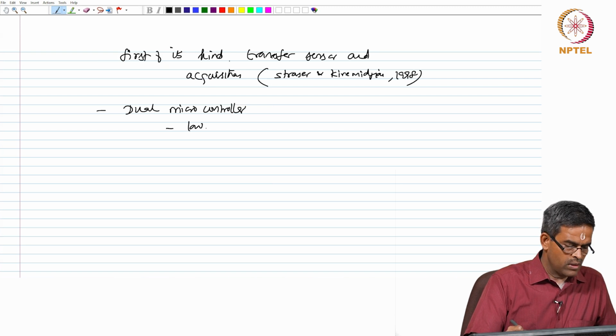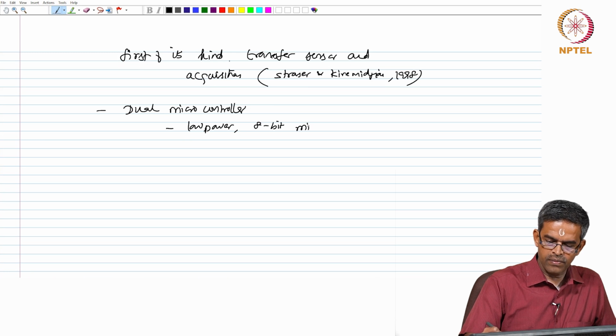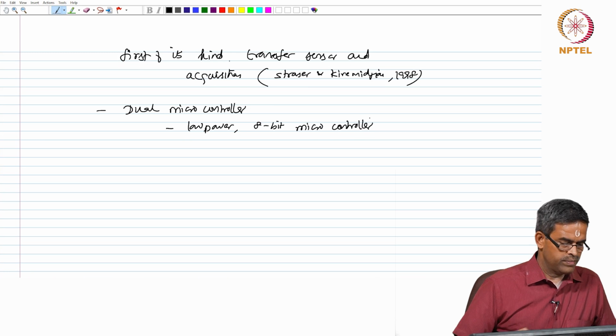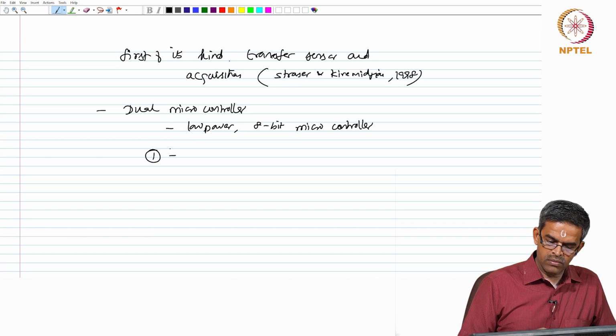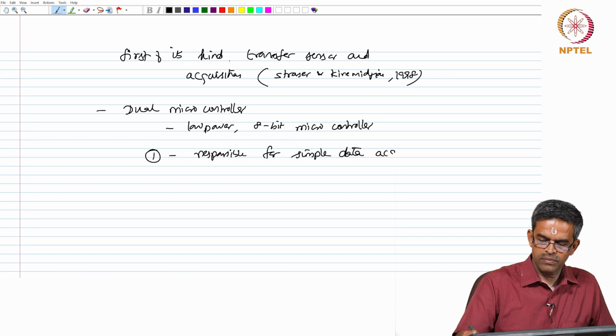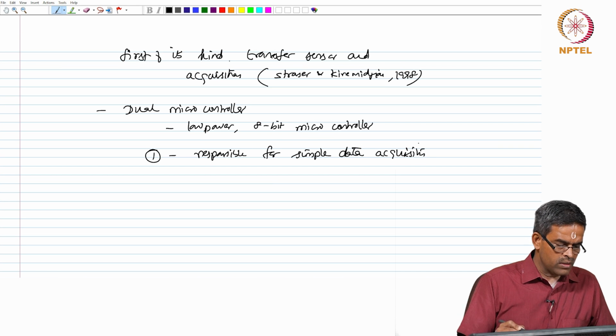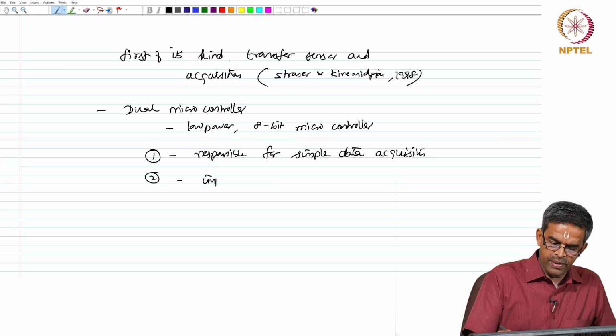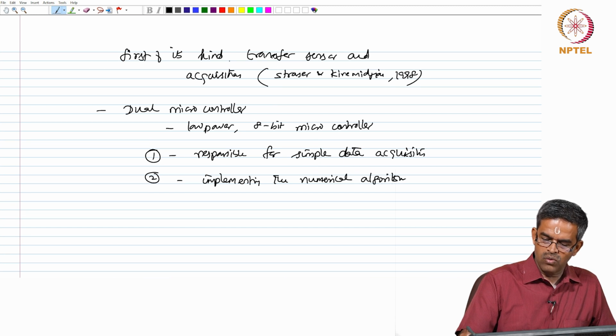It has a low power 8-bit controller in which one controller is responsible for simple data acquisition and the other one is used for implementing the numerical algorithms, those required to process, to convert, to filter and then to transfer.